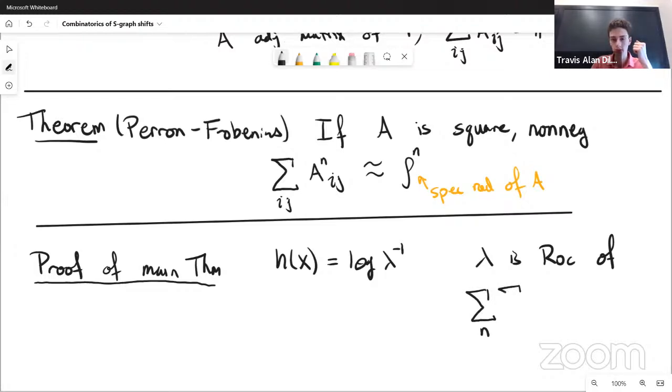You sum over n, you sum over i and j, and you look at all of the entries in the nth power of the generating matrix. So this is something.